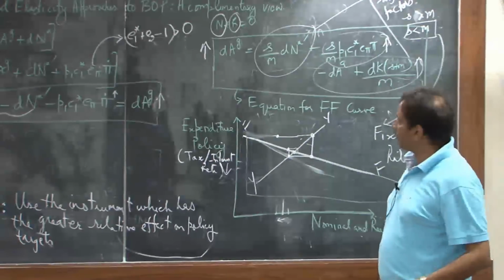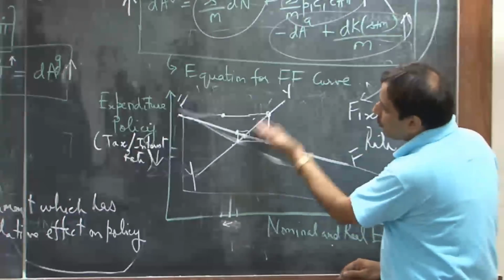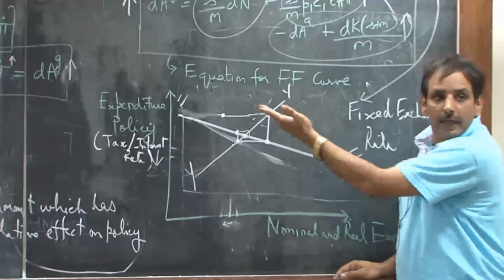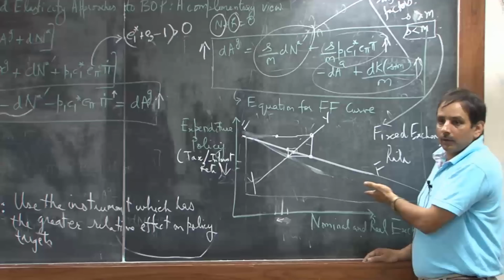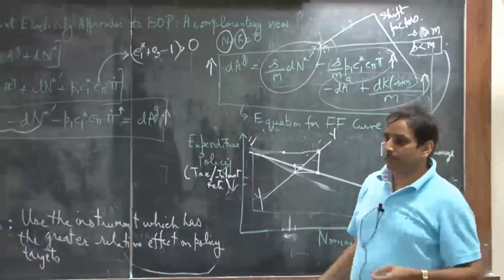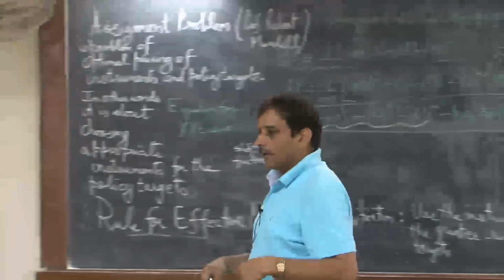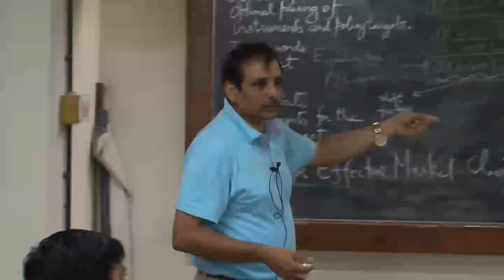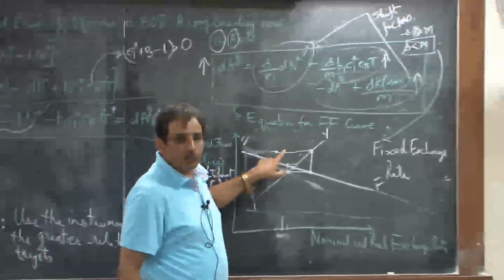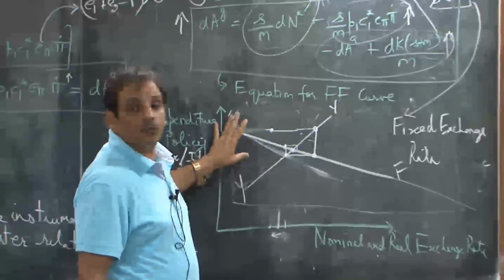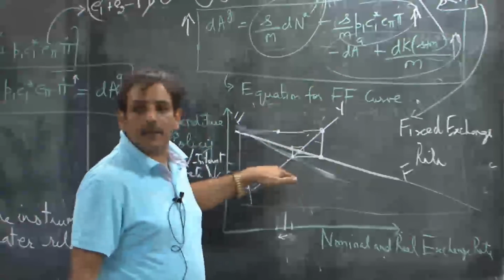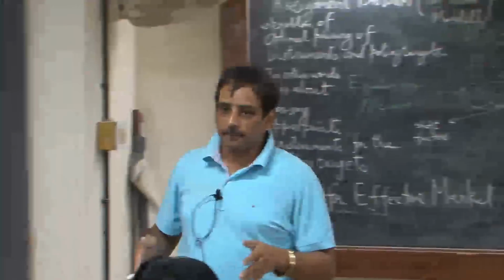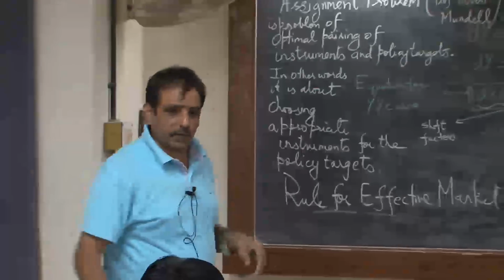Now, the next set of questions that you can ask is, someone who is sitting in the government, who knows that there is an FF and a YY curve, unless he strategically uses econometric tools to estimate the YY and the FF equation, you wouldn't know where exactly you are. I mean, you wouldn't know where the YY curve is, what is the shape of the YY curve, unless you know econometrics, because then you can estimate the equation and so on.